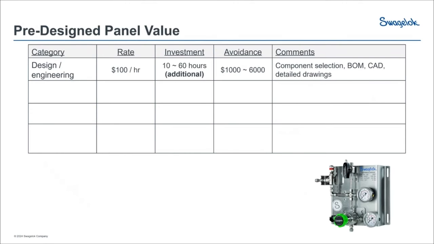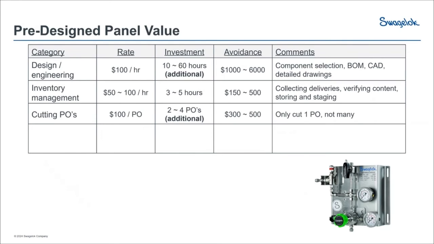Without question, there's a lot of value in not having to do the engineering yourself. There's also logistic savings in the way of reducing the amount of POs as well as the amount of inventory that you as the final destination have to deal with. One PO and one crate to unbox is a lot easier than multiples.